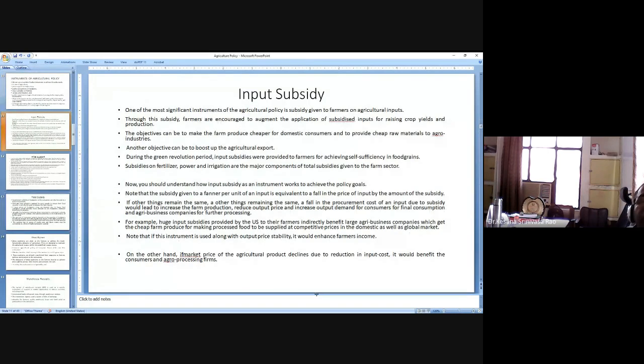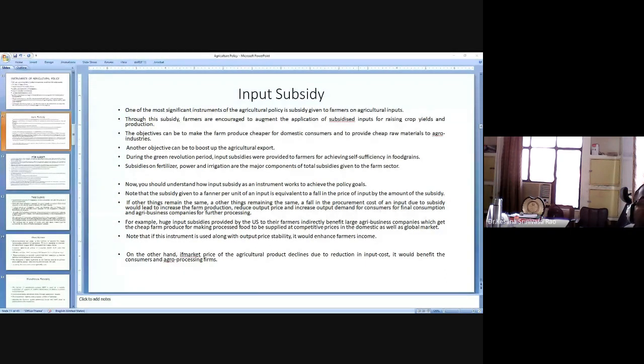Yes. So within this, there are other components. Whatever the instruments I have explained, the input subsidy, as I have already told you, is useful because, due to the subsidy, the farmers get fertilizer, pesticides or any other agriculture inputs at a lower price, and the farmers are in a position to benefit from it.